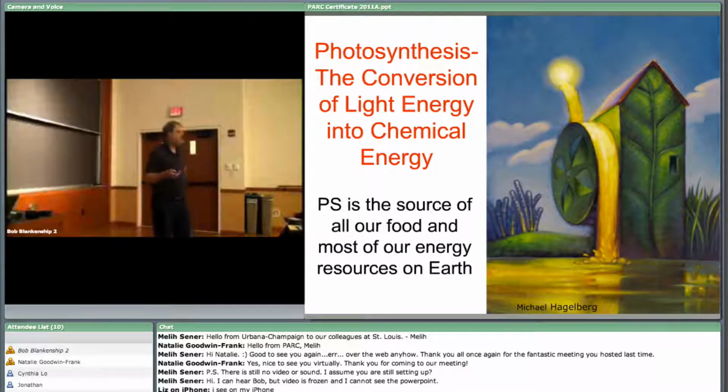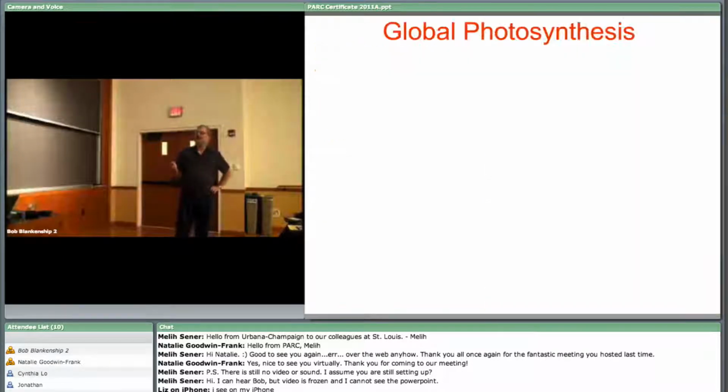We have been studying it here at WashU for a long time and trying to understand really the deepest aspects of it at the practical level. Photosynthesis, of course, is a global process, and this is a NASA satellite image that shows the areas on land that are green, that have the most photosynthesis going on, and also in the oceans.